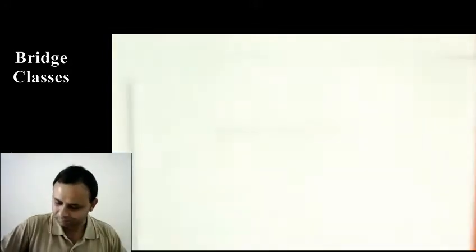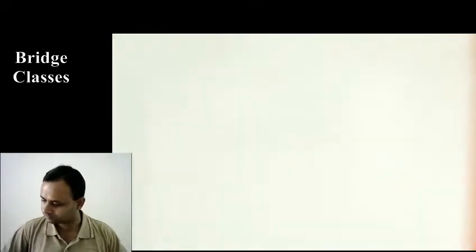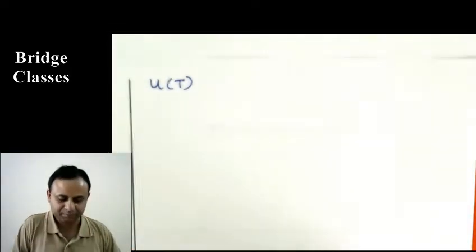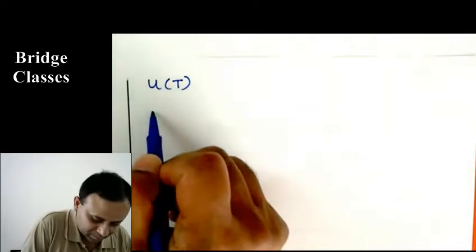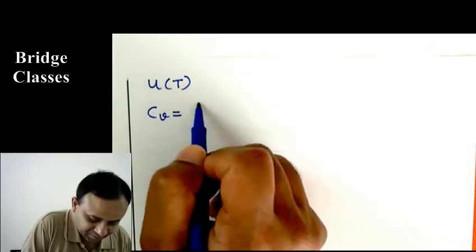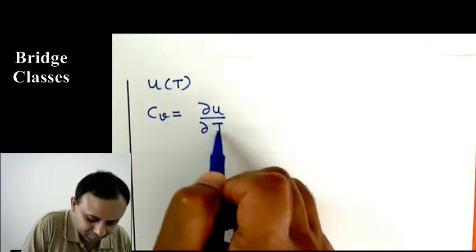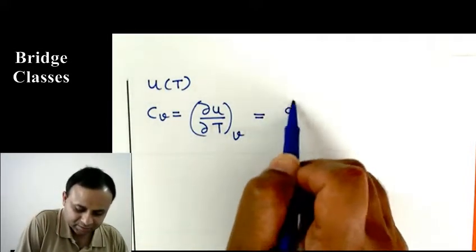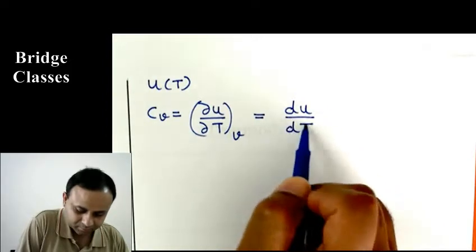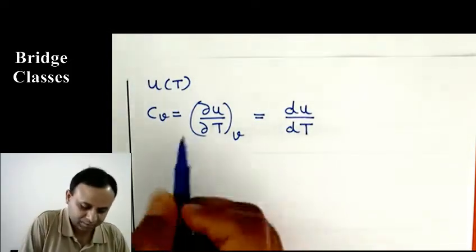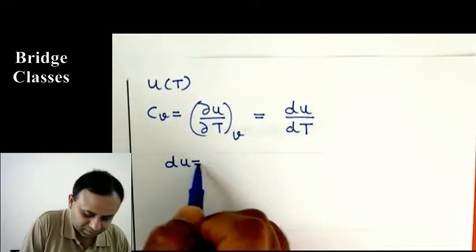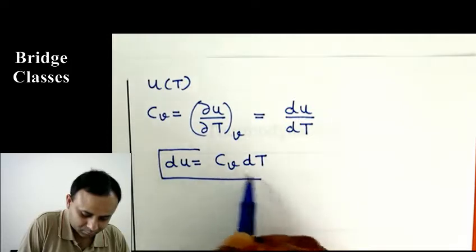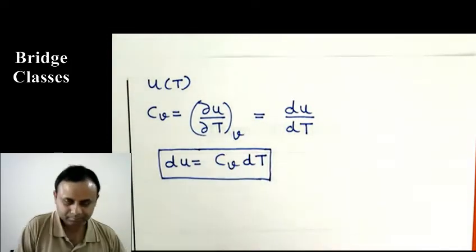U is a function of temperature only, and Cv, which is defined as del U del T at constant volume, because U is a function of temperature only, becomes dU/dT. Or you can write dU is Cv dT.